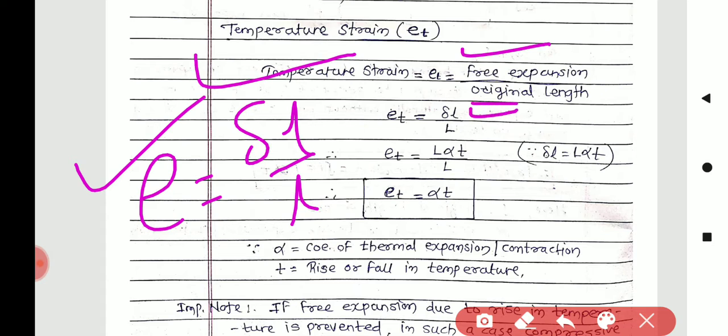As we know, free expansion is delta L and capital L is the original length, but free expansion is determined by using this formula: L alpha T. Now listen, for free expansion or free contraction, this is the formula you have to use: delta L is equal to L alpha T. In this case alpha is the coefficient of linear expansion or contraction and T is the rise in temperature, so the temperature strain becomes alpha T.